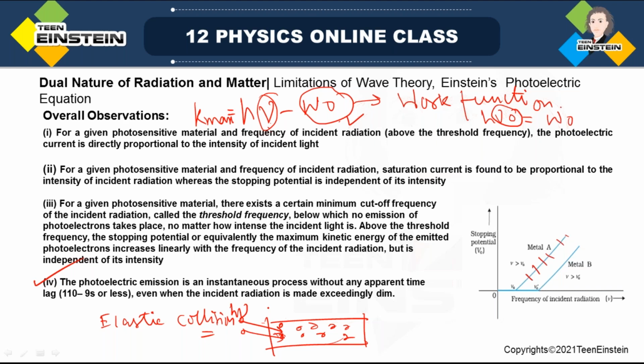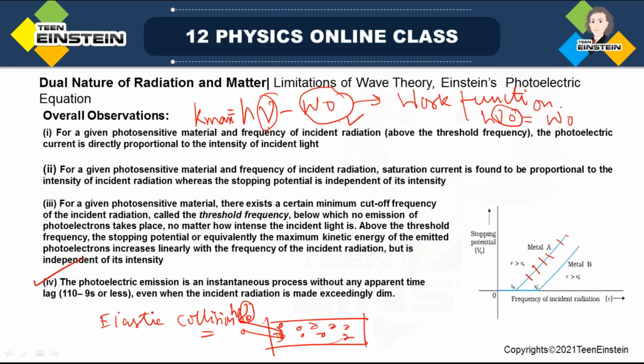So it would have to absorb energy continuously for some hours. But here, if you have light of suitable frequency, or even threshold frequency, the photon and electron interact and the energy of the photon is transferred to the electron in a single collision, immediately.